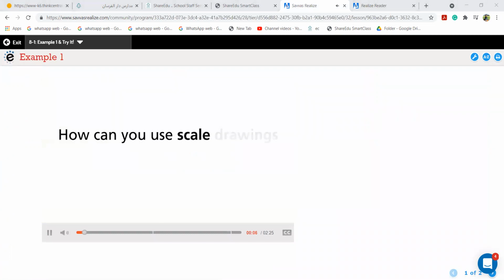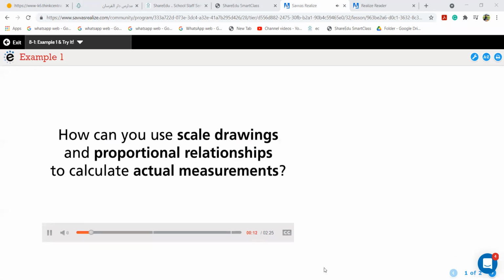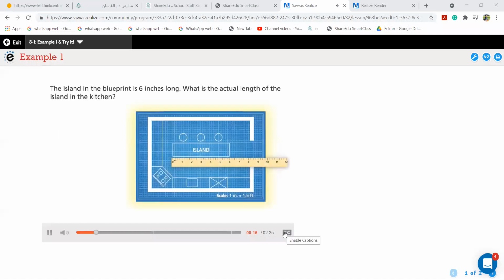How can you use scale drawings and proportional relationships to calculate actual measurements? Think about this question during the lesson. The island in the blueprint is 6 inches. Now girls, the island is here in the blueprint. When I say blueprint, what does that mean? That means I am drawing a sketch of the island onto the paper.